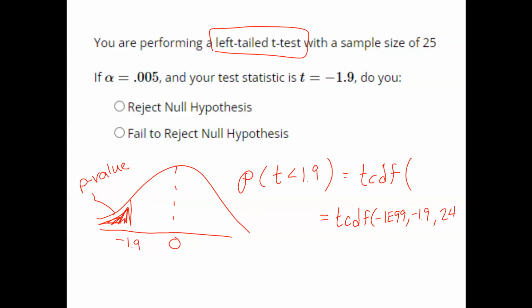For some reason, when I wrote this on my note paper, I didn't write the upper limit. All right, so what's our upper limit? Negative 1.9, and our degrees of freedom, 24. Degrees of freedom is our sample size minus 1.